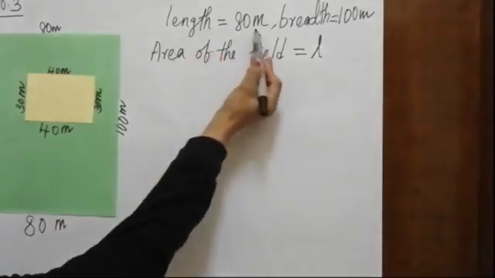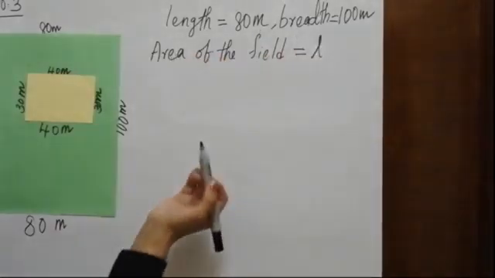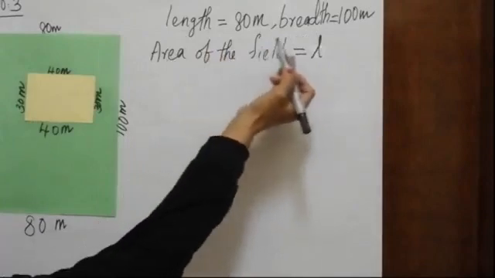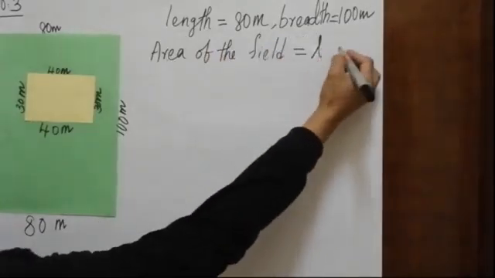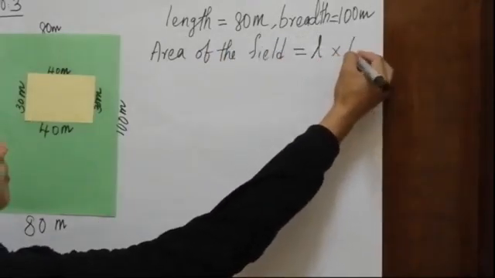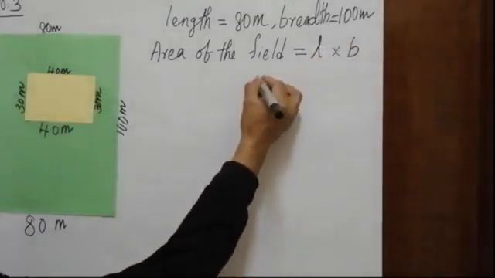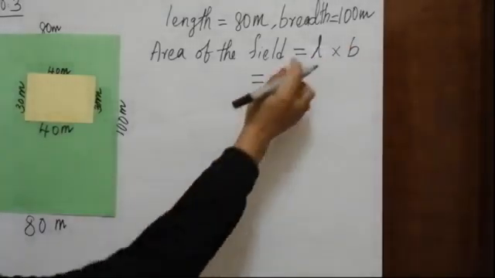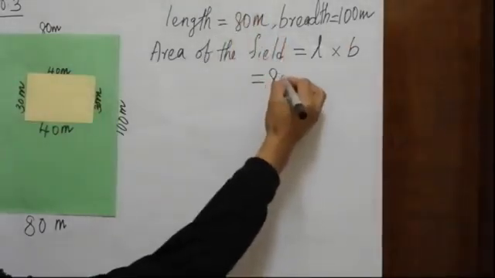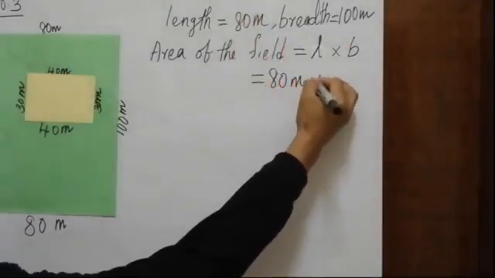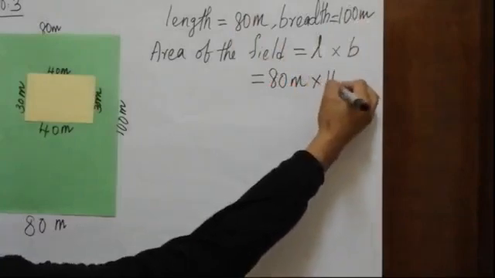So length is equal to 80 meter, breadth is equal to 100 meter. So area of the field is equal to length multiplied by breadth. Okay, so we will apply the measurements here. Length is equal to 80 multiplied by breadth is equal to 100.